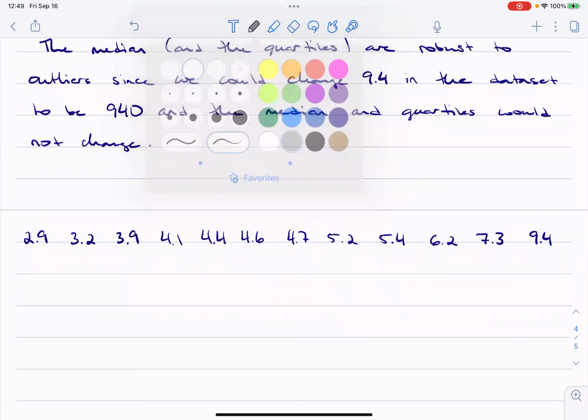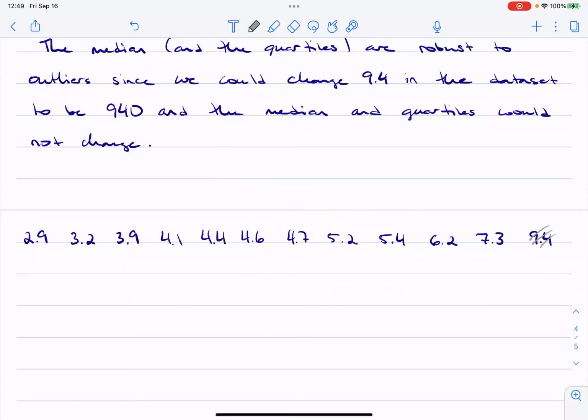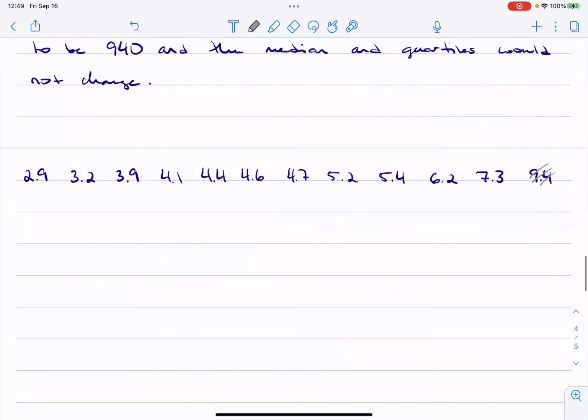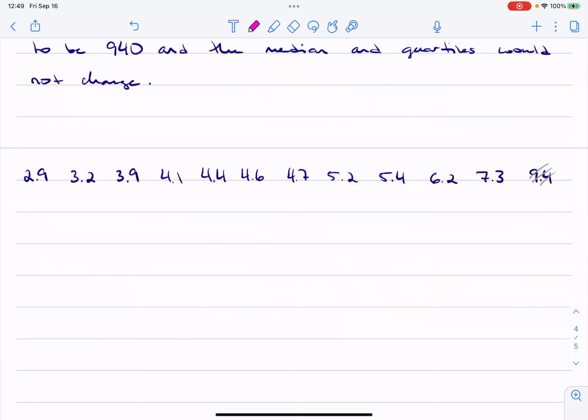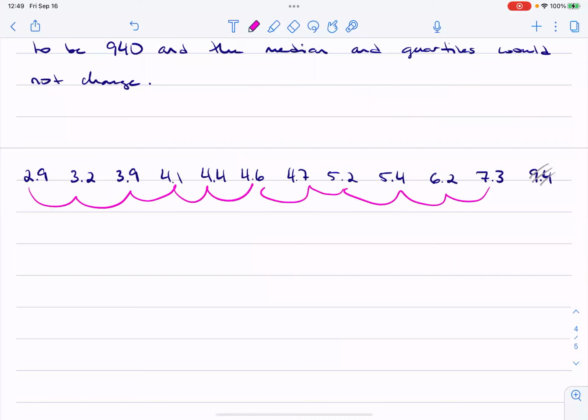Now, if I don't have that 9.4 anymore, then I start over and I want to find the median. Now 4.6 is the median. So now I cannot use it to find the quartiles anymore.